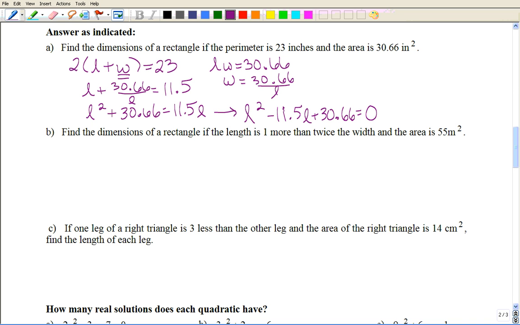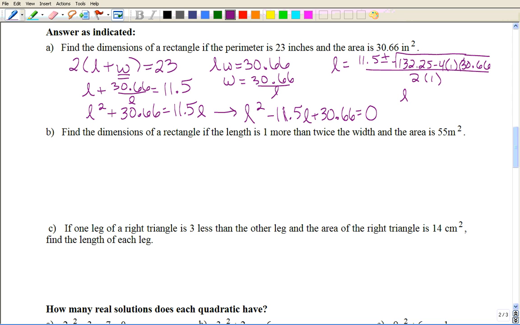Now I can just plug this into the quadratic formula, and we'll get L equals negative b, so 11.5, plus or minus the square root of 11.5 squared, so 132.25, minus 4 times a, which is 1, times c, which is 30.66, all over 2 times a, which is 1.